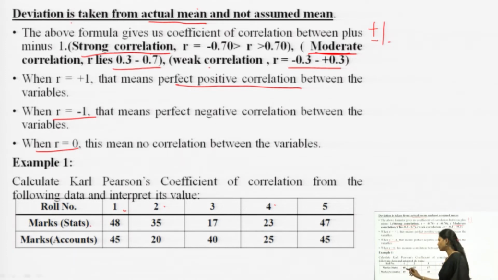Marks of stats are 48, 35, 17, 23, 47, whereas marks of accounts are 45, 20, 40, 25, 45.